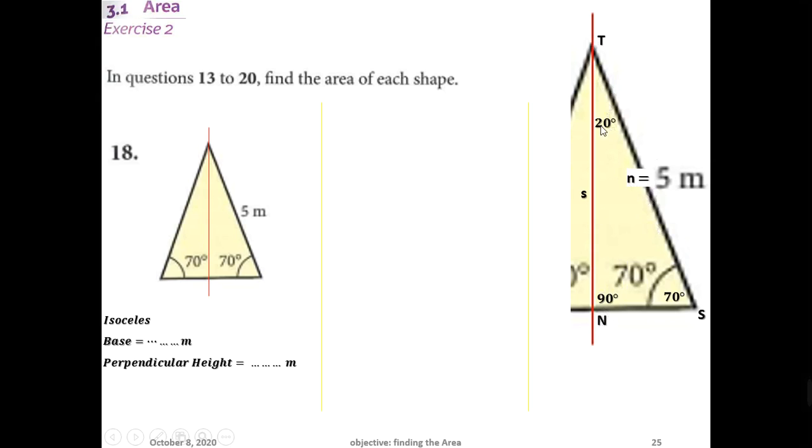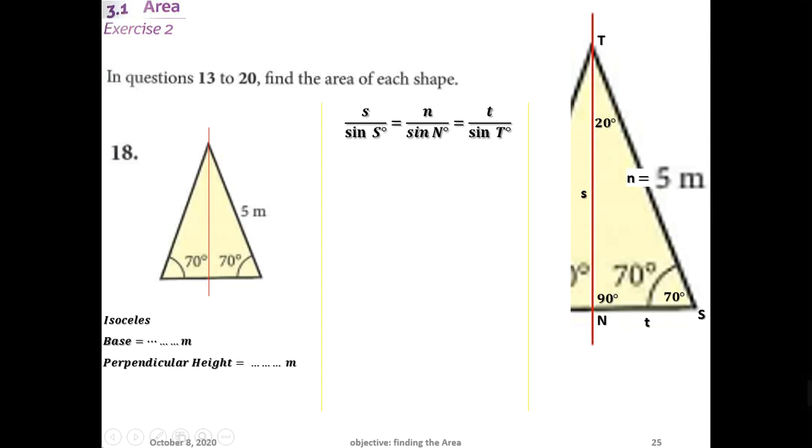Then T for 20, so corner T and angle capital T is equal to 20 degrees. The opposite side to angle T is SN, so this is T small.